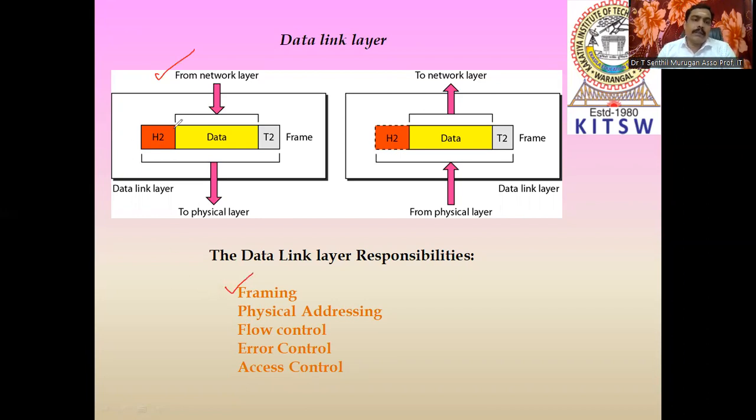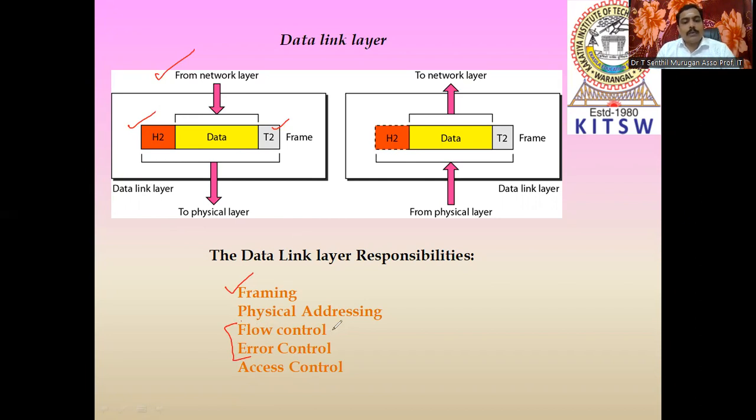After converting into frames, what is there in the frames? Some headers and some trailers. What purpose are they used for? They are used for these operations mentioned at the bottom: flow control and error control. Flow control means how much data we sent, whether it reached, whether it was transmitted properly or not.